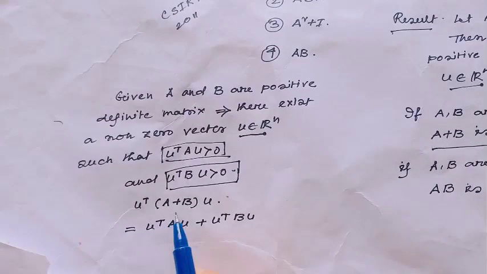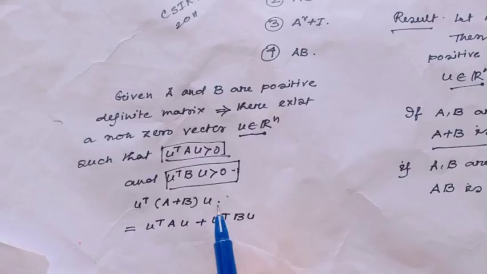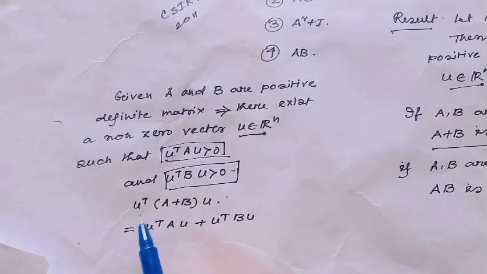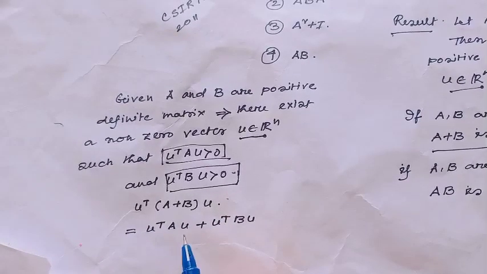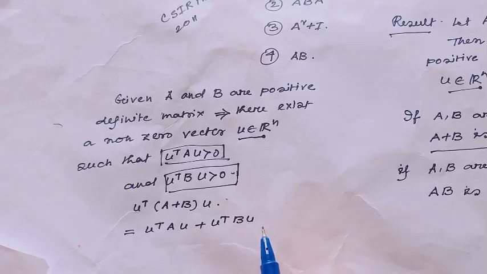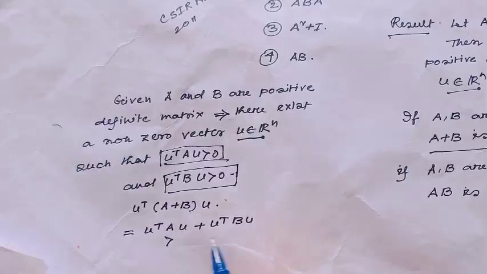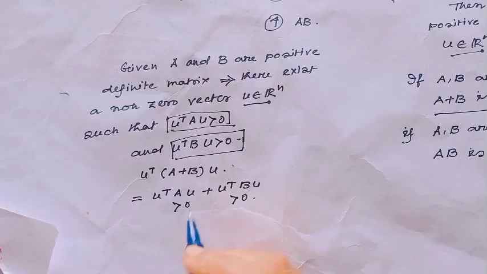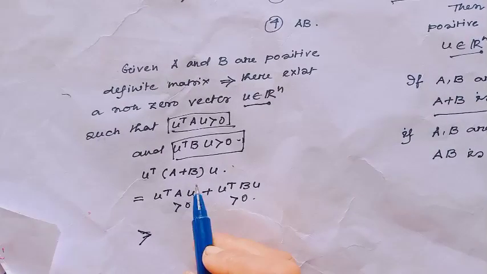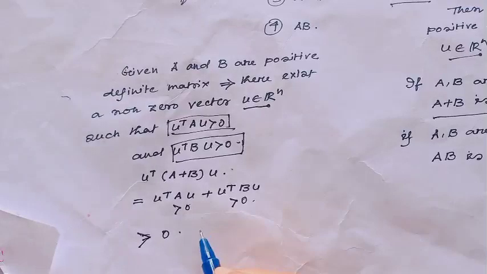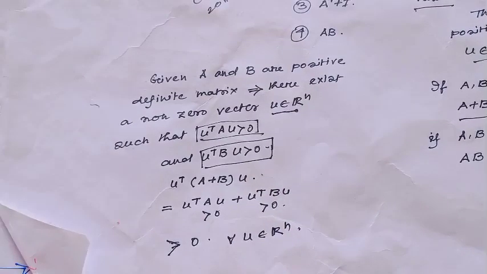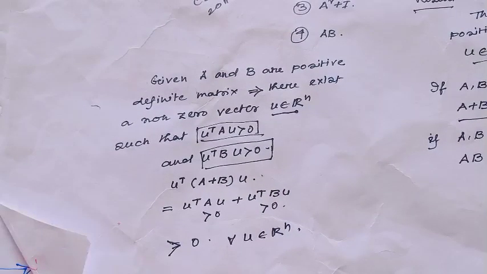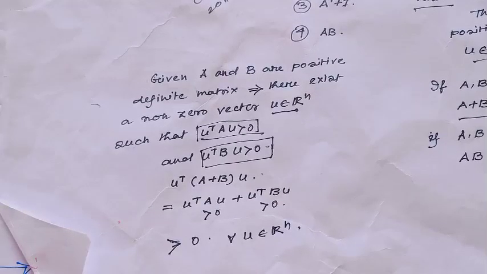Now we have to prove u transpose (A plus B)u is strictly greater than 0. u transpose (A plus B)u equals u transpose Au plus u transpose Bu, and since both are strictly greater than 0, this implies u transpose (A plus B)u is strictly greater than 0 for all non-zero vectors u. So, since A and B are positive definite, A plus B is always positive definite.